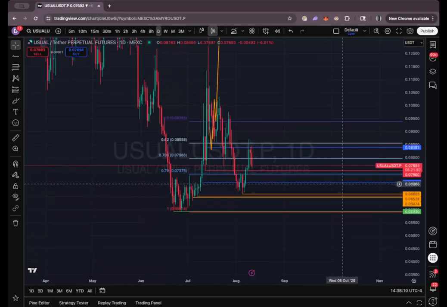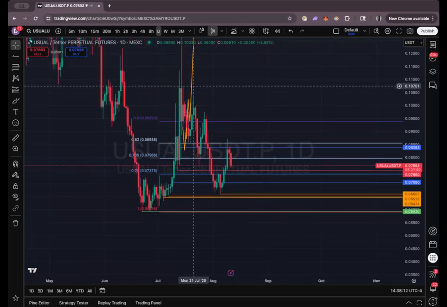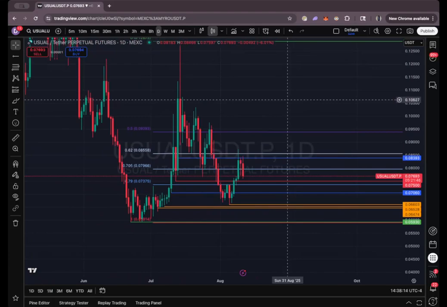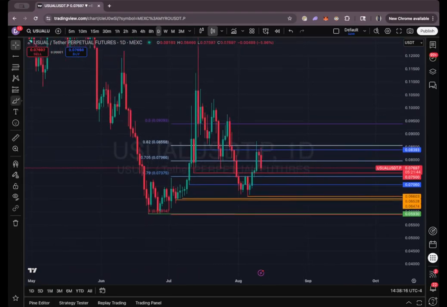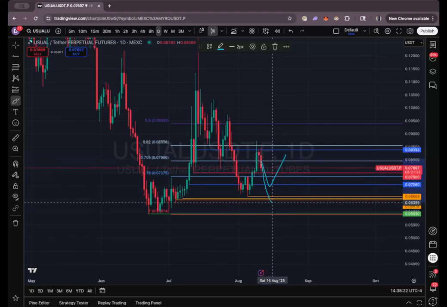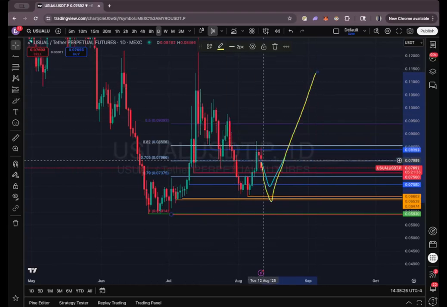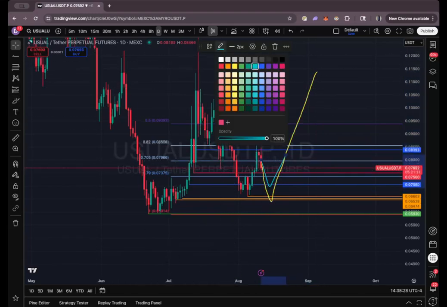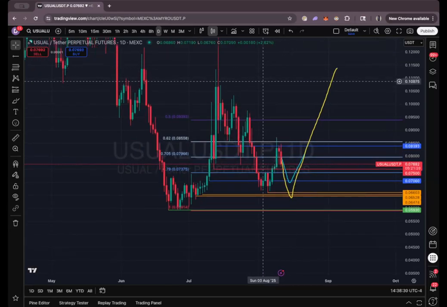So honestly, I would expect the same thing to happen with everything else, right? Everything is showing the exact same structure. Either we do this and then we bounce, or we do this and then we bounce. And in both cases now, it's bullish. So yes, I would love this as a long.